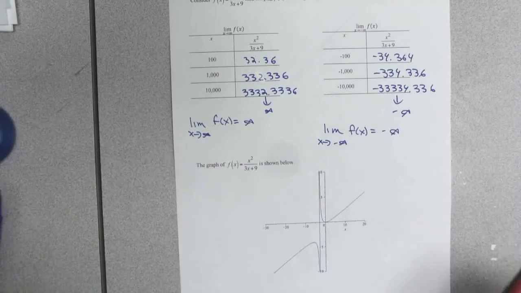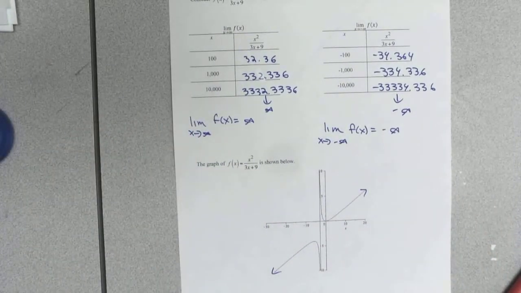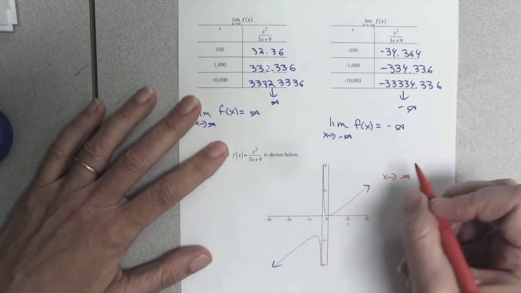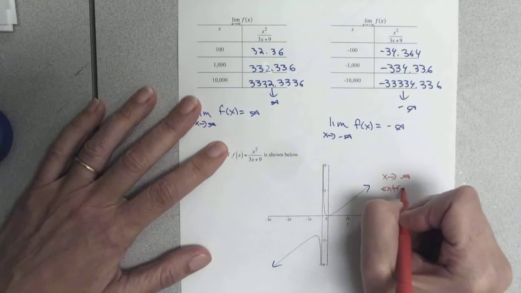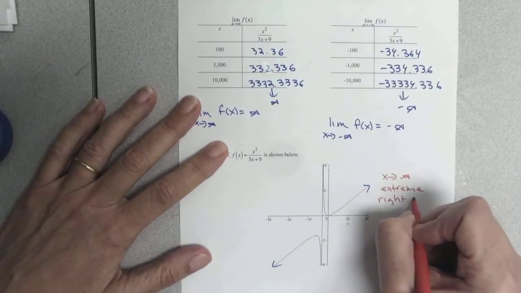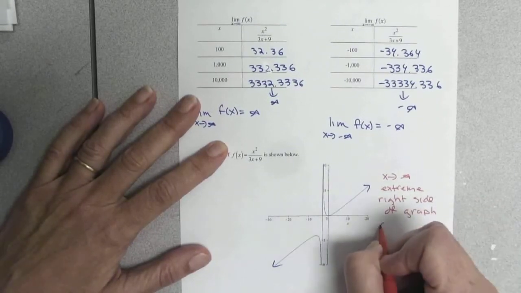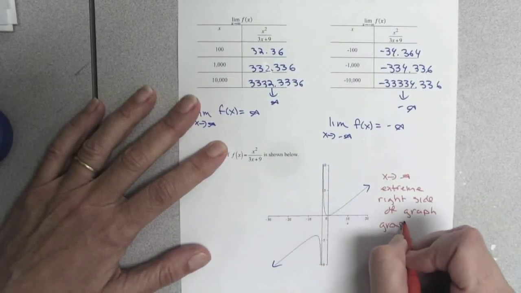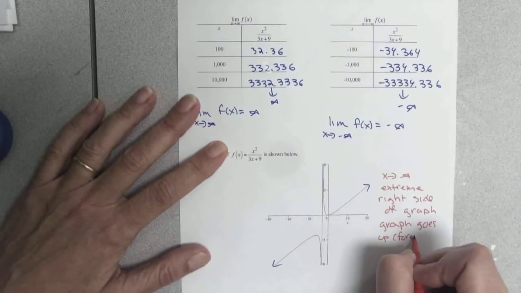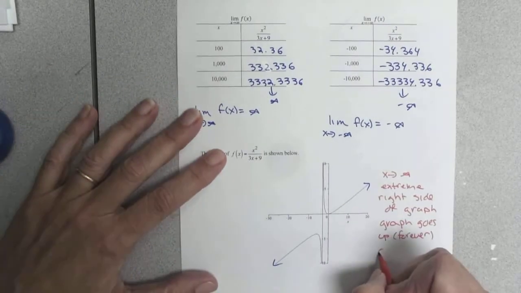And then when I look at that chart, we see really the same things going on here. As x approaches infinity, so really I'm being really lazy with my graphs there and didn't put my arrows. As x approaches infinity, extreme right side of graph, the graph goes up forever. And so we're approaching infinity.